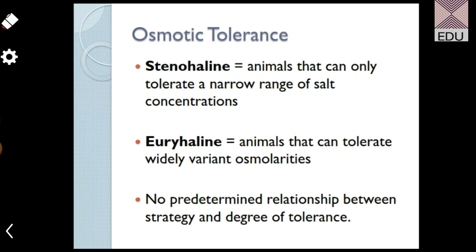We have taken the concept of tolerance, the concept of avoidance, and then death. So there is no particular relation of the degree of tolerance with the strategy. That can be the animal's own strategy which it wants to emphasize in a particular condition.